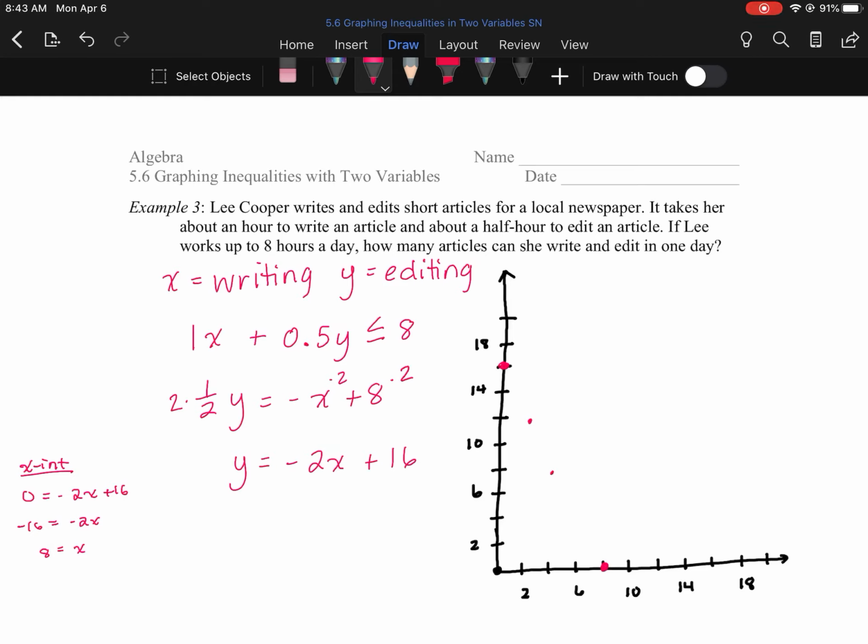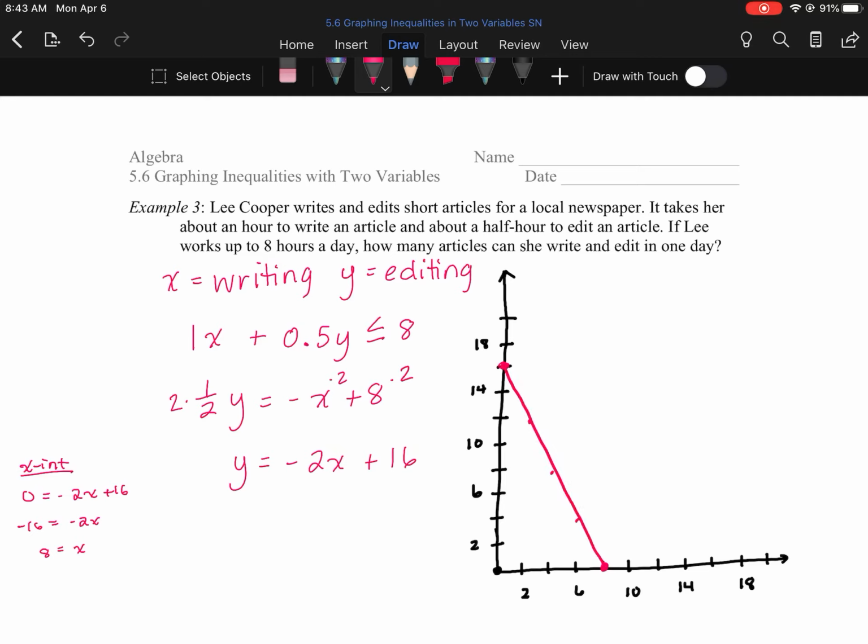So it should go there. But I could still go down 2 over 1. See how this works out. Down 2 over 1, and then down 2 over 1. So it worked out a little bit.